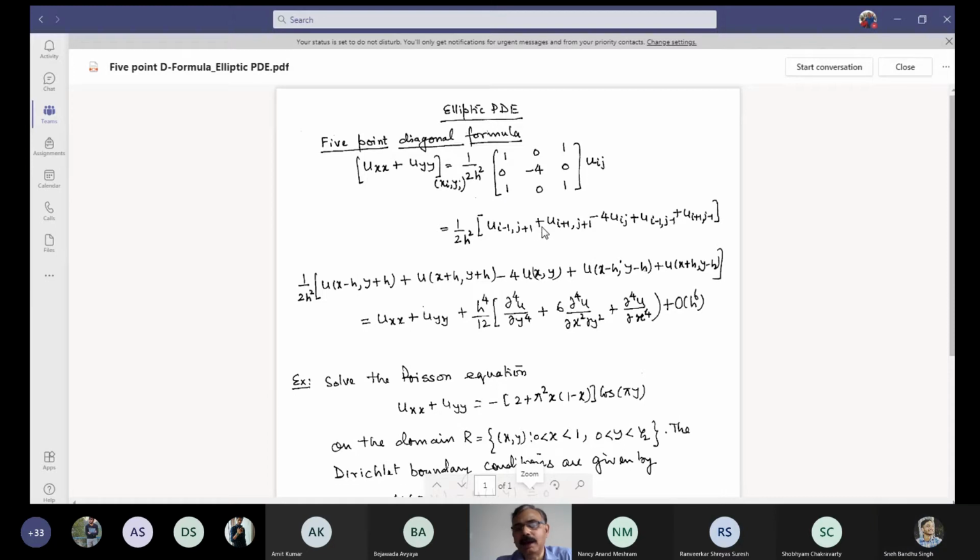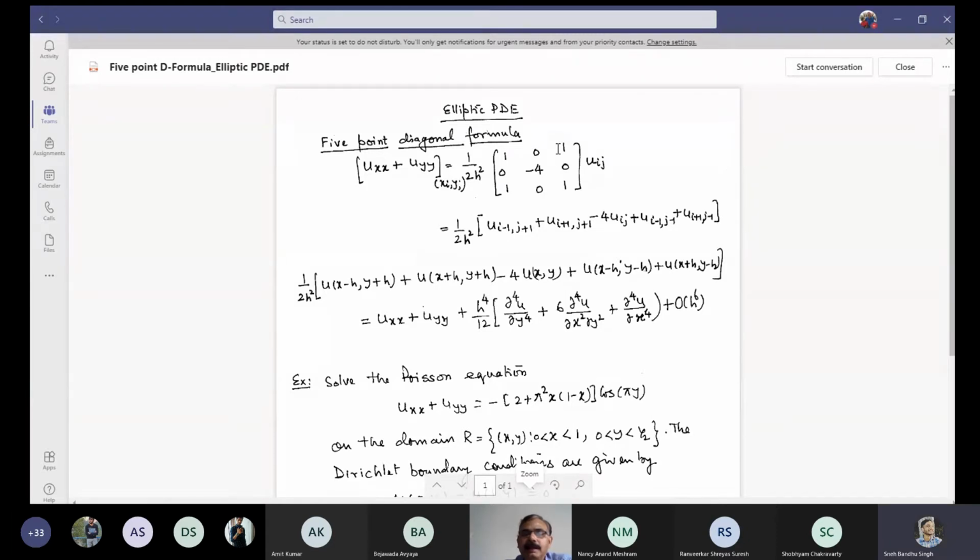And then the other two are i plus 1, j plus 1. So this is the right side, i plus 1 and j plus 1, bottom right side. Then the top right side will be your i minus 1 but j plus 1.